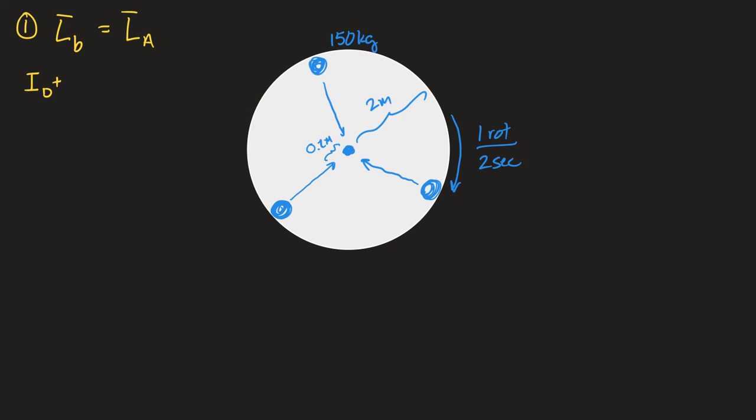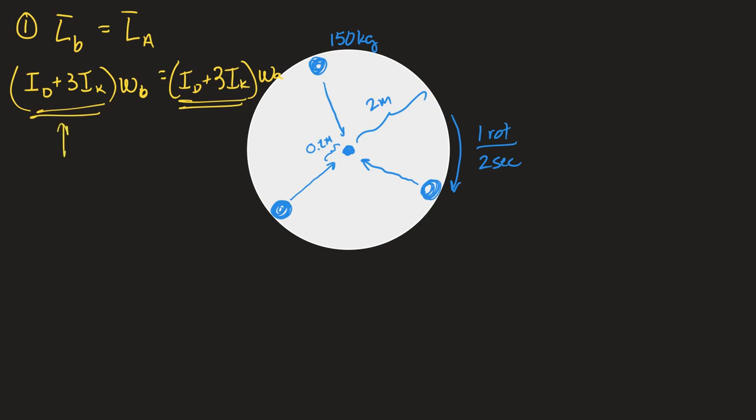All the kids are the same, so I'll put 3 times I for the kids, times the initial speed, the before speed. This has to equal the moment of inertia of the disk plus 3 times the kids in their new position, times omega after.